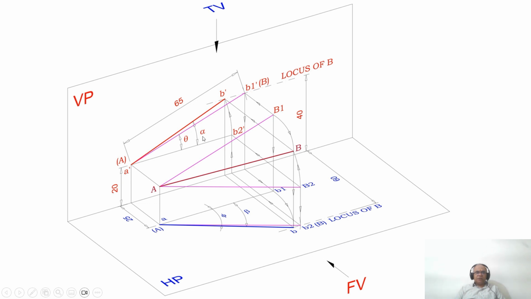Now this is going to be the angle alpha, and this angle is going to become beta. Once you join, we have B to B dash and we have B to small b. So this is actually the image we are getting. When you look from the front view, you can see this is the line I am talking about.